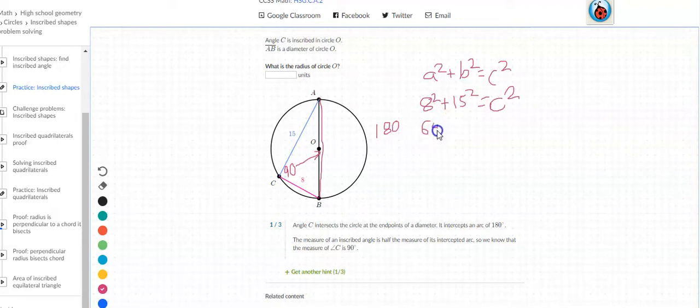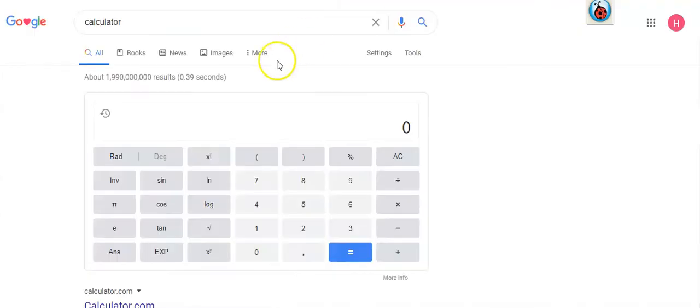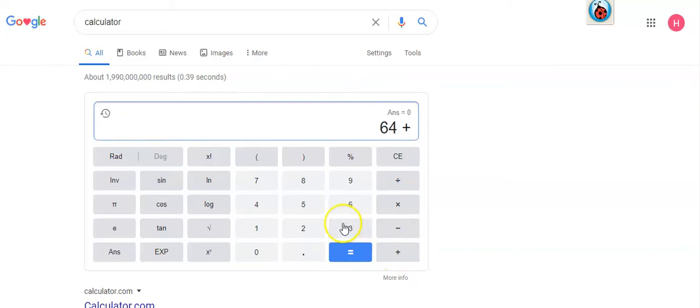So that gives me 64 plus 225 equals C squared, which I'm going to switch to calculator to figure out what that square root is. And it tells me it is 17.